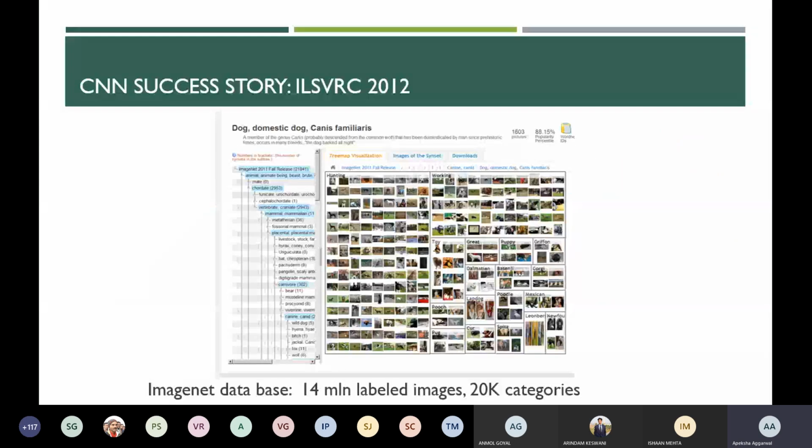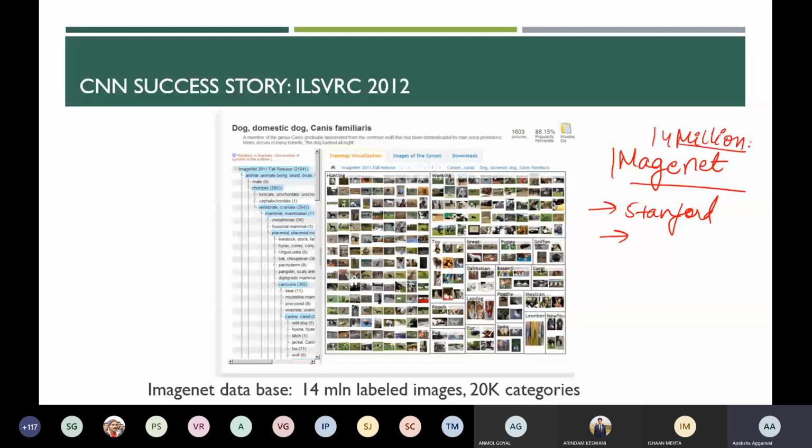Now some success stories. There is an ImageNet database made by researchers of Princeton and Stanford University. This ImageNet database consists of approximately 14 million images.